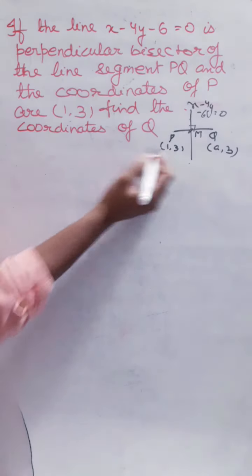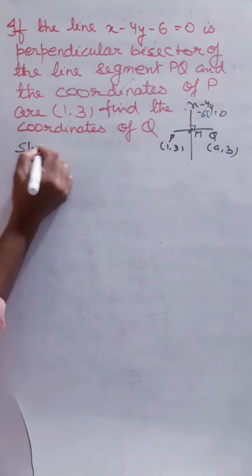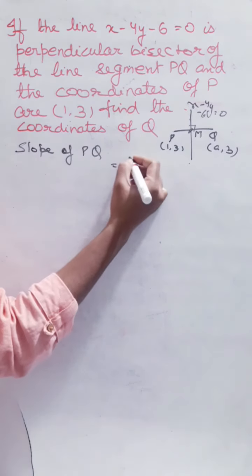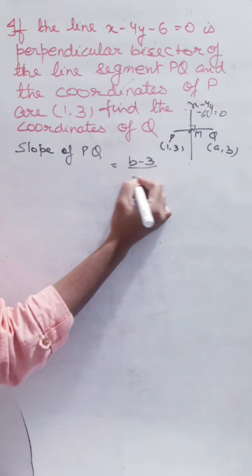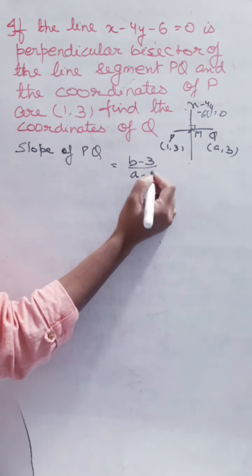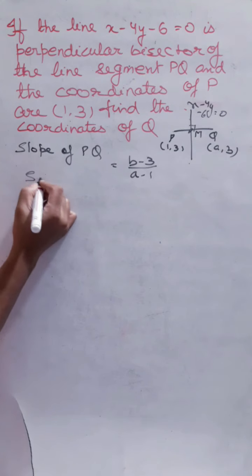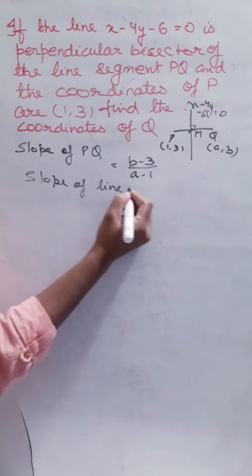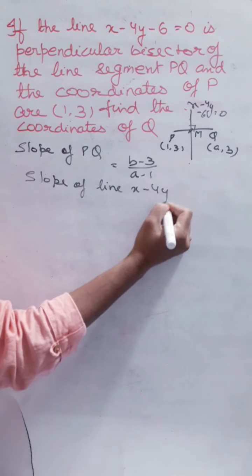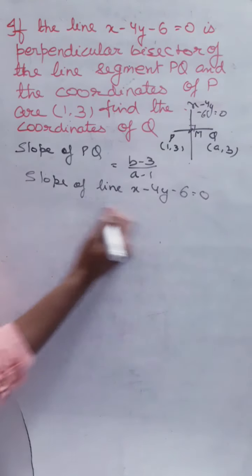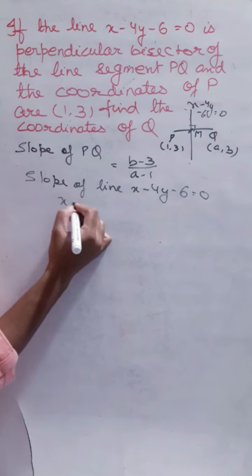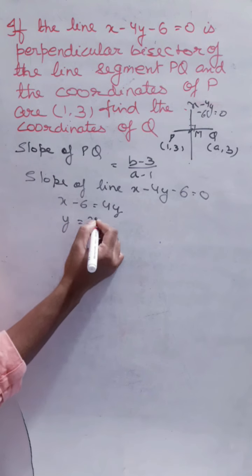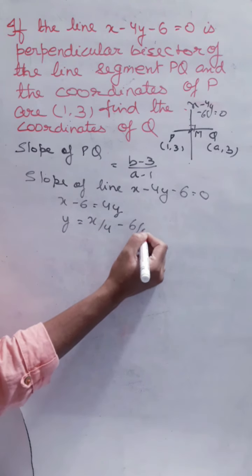So first, we need to find the slope of PQ. Slope of PQ will be (b - 3) over (a - 1). Now the slope of the line x - 4y - 6 = 0: I need to solve it for y. x - 6 = 4y, or y = x/4 - 6/4.